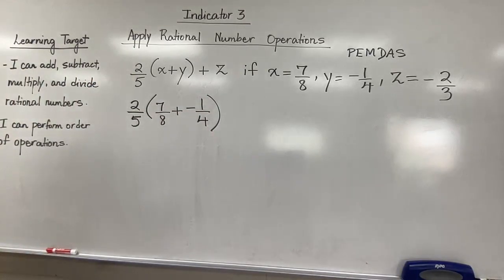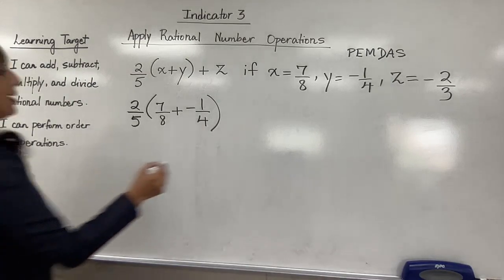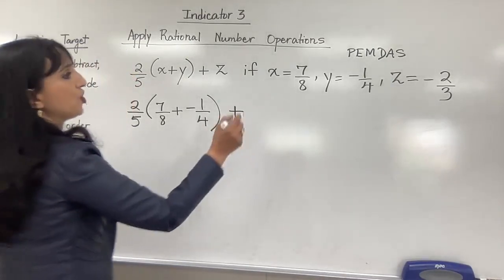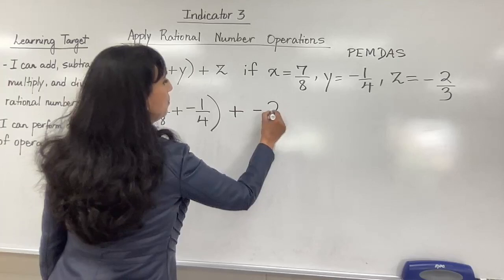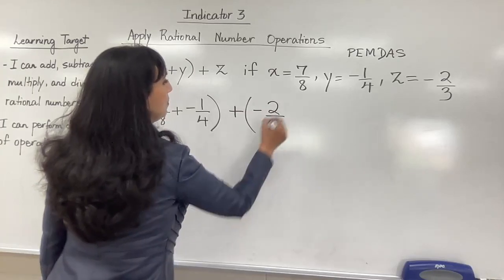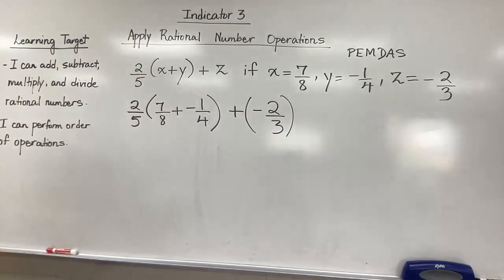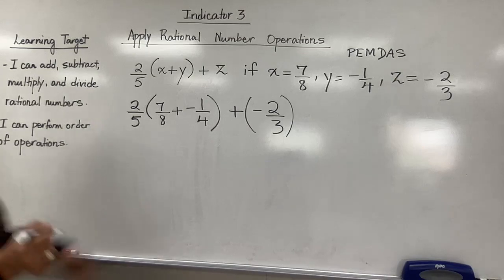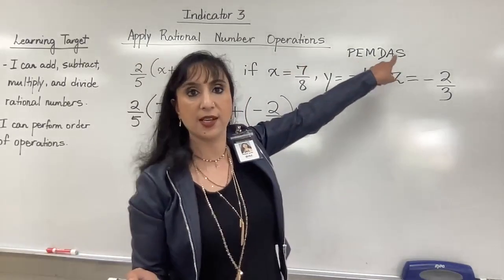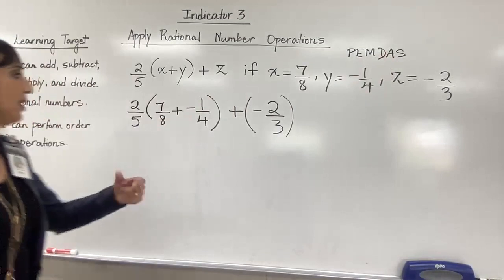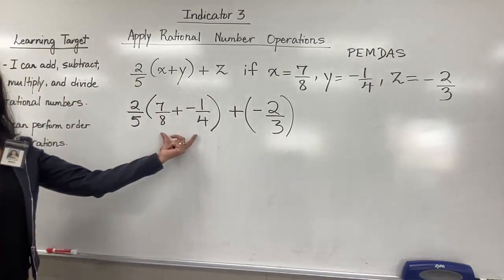Okay, and then I have plus z, which is negative 2/3. All right, so here are my values. So the first thing I'm going to do is solve what's within the parentheses based on order of operations. Okay, and within the parentheses I have this addition.